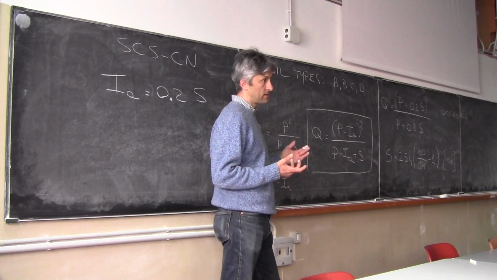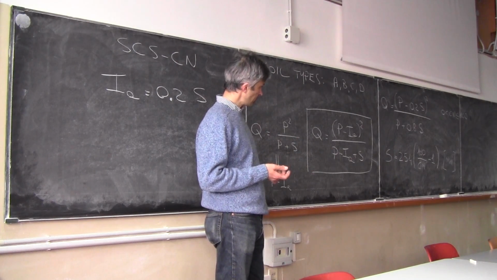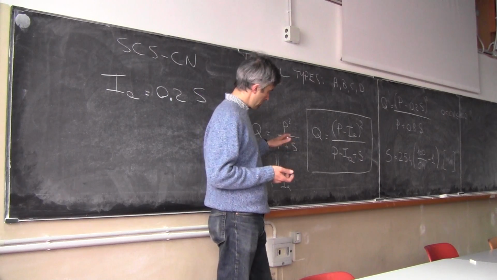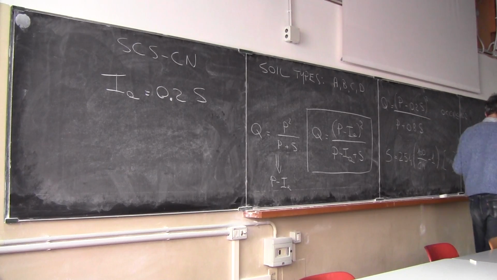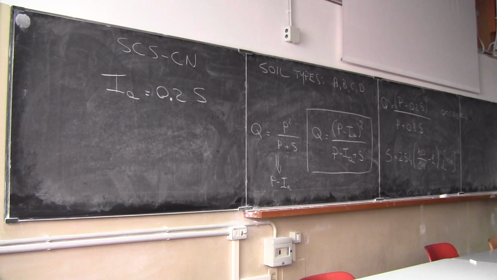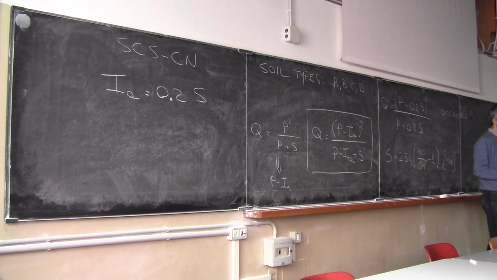Of course, this depends on the geographical context. And a potential problem is when you refer to wide areas. Because if you refer to a very specific location, which is very small, like your garden, it's easy for you to estimate what type of soil you have in your garden and what type of vegetation cover.